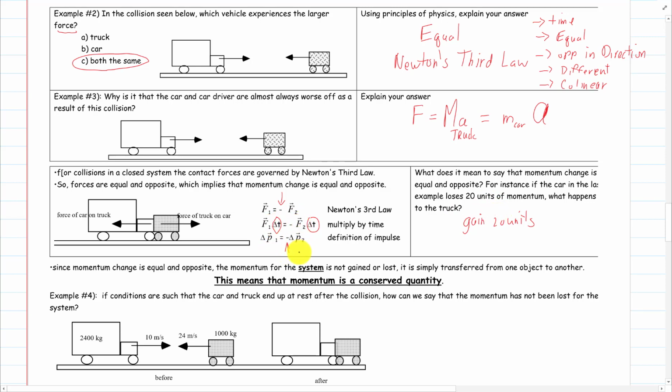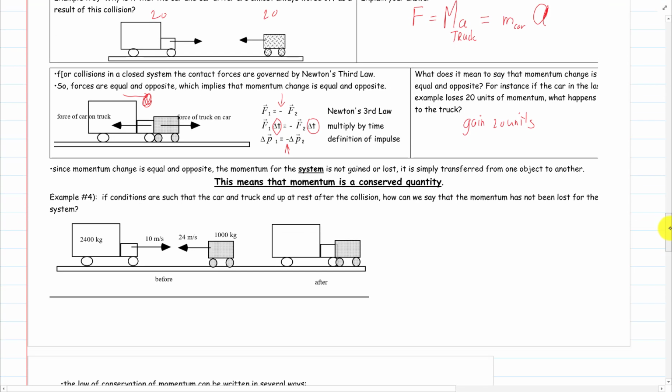As one goes up, the other one has to go down, but the change in the sign only means the direction. So if this guy is going 20 this way up here, this guy's going 20 this way, when they hit, they'll be stuck and they won't be moving. They both lose.